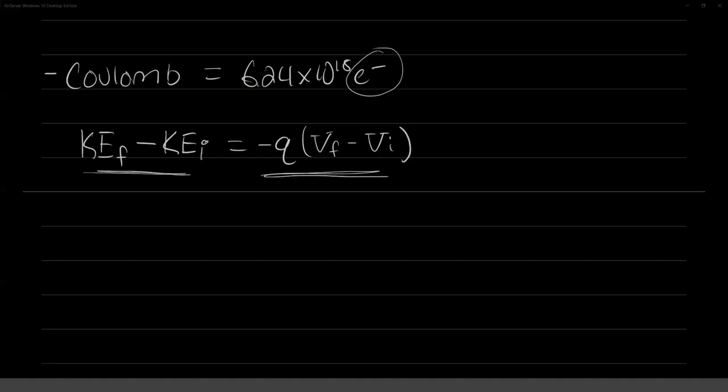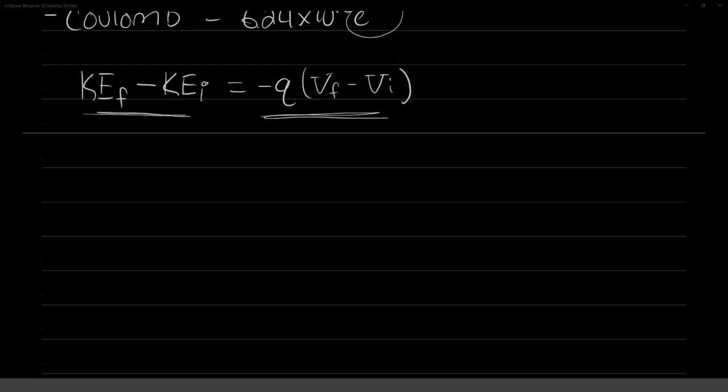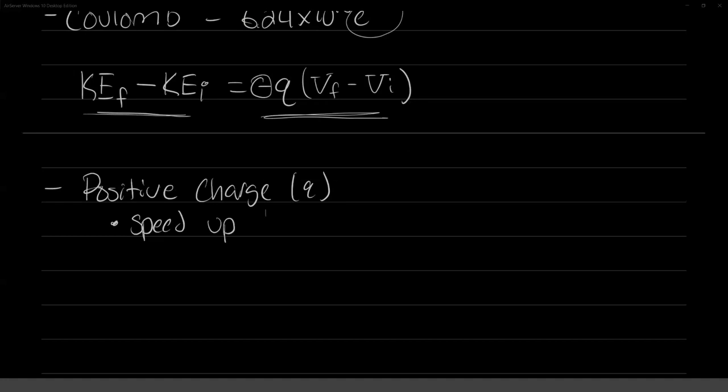So I think that's kind of more Physics 1 concepts. So I also wanted to say the sign of Q matters, right? So a positive charge Q is going to speed up towards a lower potential or a lower voltage.